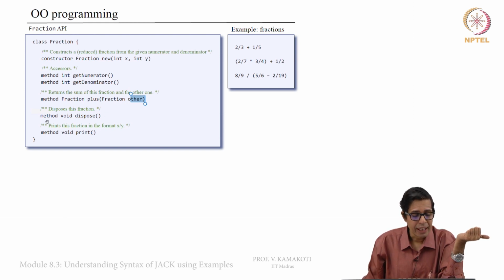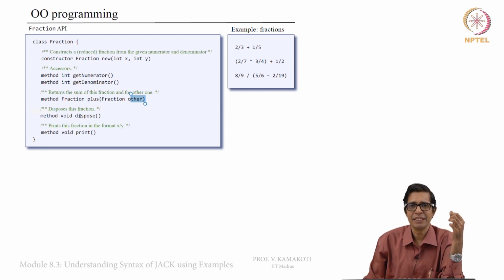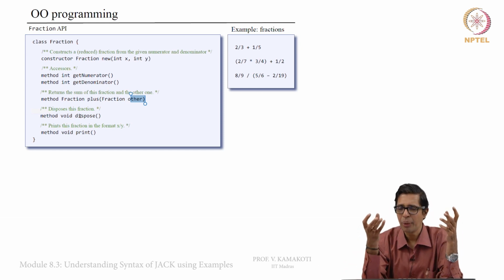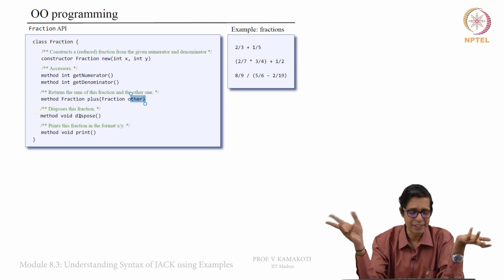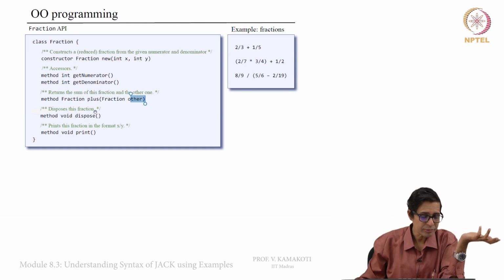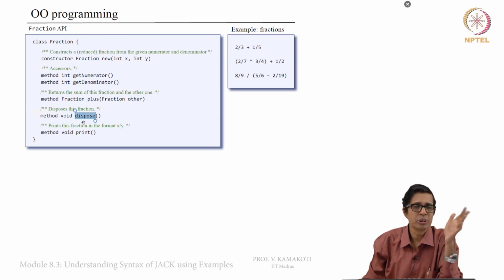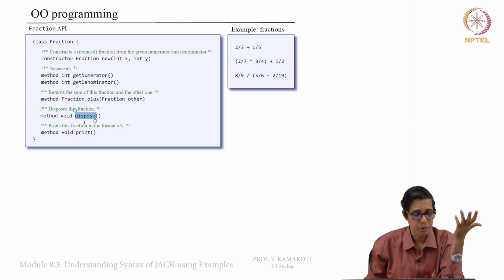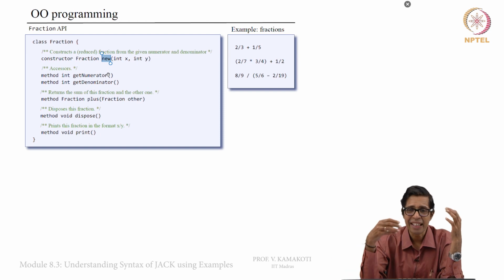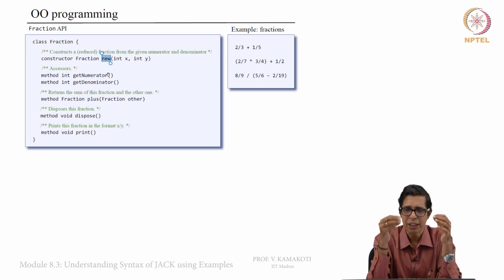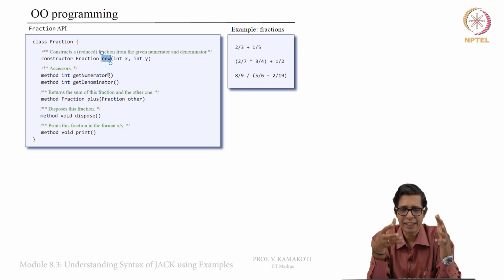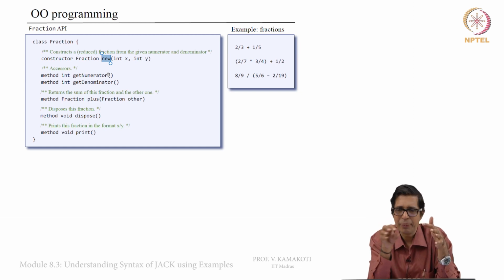And then when I create an object fraction, sometime after that I may not need it, so I have to throw it off. So every class will have a dispose function which will dispose this fraction. Just like a new is equivalent to creating memory and storing for that particular object, whenever I create an object from a class, I create a memory and store it.